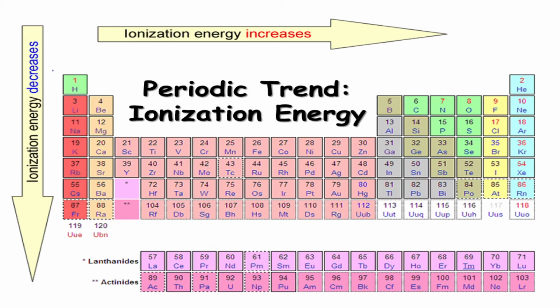Each time an electron is removed, the charge on the atom becomes positive, causing the remaining electrons to be held more tightly and making the radius smaller. So cations are smaller than the neutral atom. Now what is ionization energy?